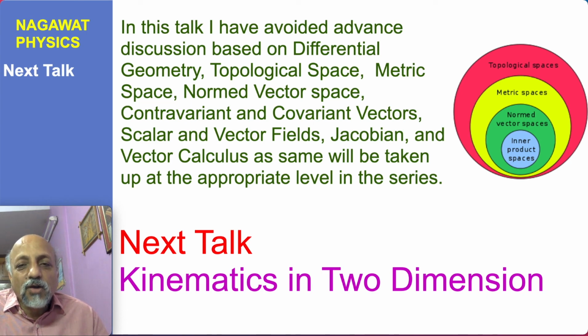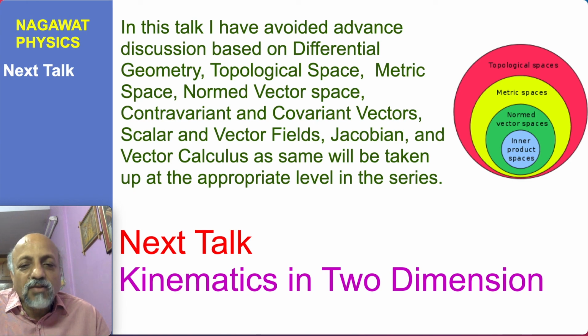The topological space, metric space, normed vector space, contravariant and covariant vectors, scalar and vector fields, the Jacobian and vector calculus, all these topics have been deferred. I am not saying I will not discuss these topics in future lectures, but they will be introduced at the appropriate level in the series.